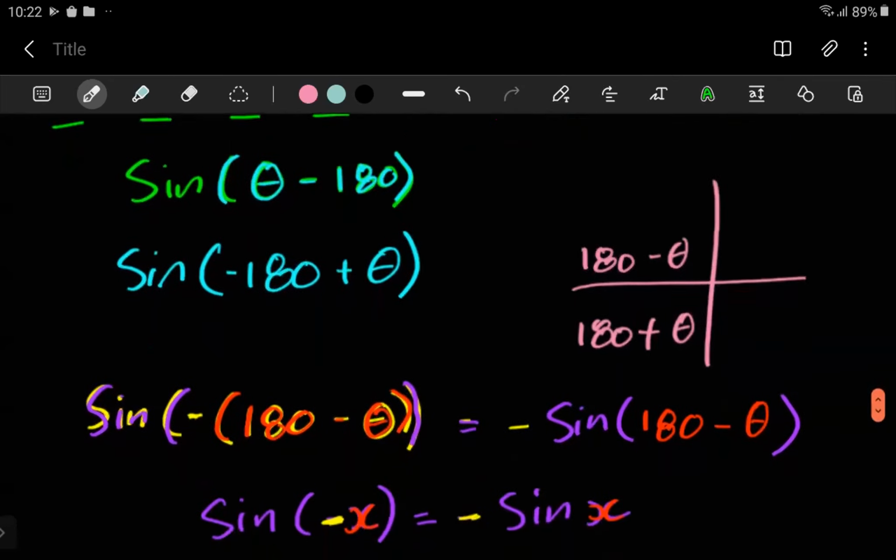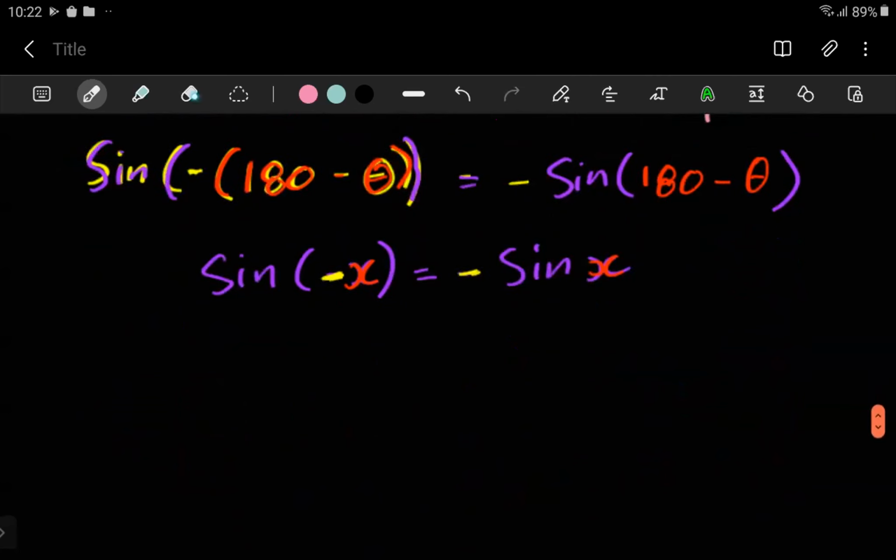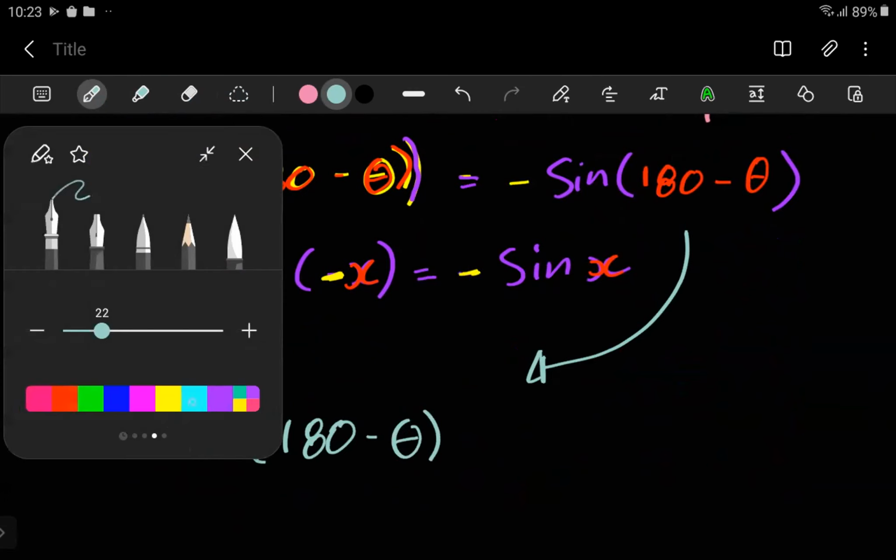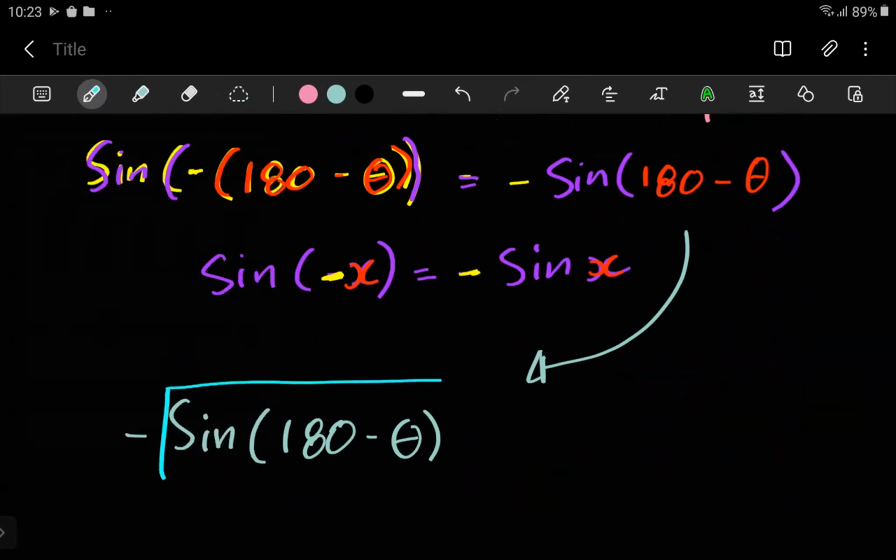With that done, it will be easier for you to deal with this. If you're seeing minus sine 180 minus theta, now you have something you're familiar with, because we know what this can come out as.